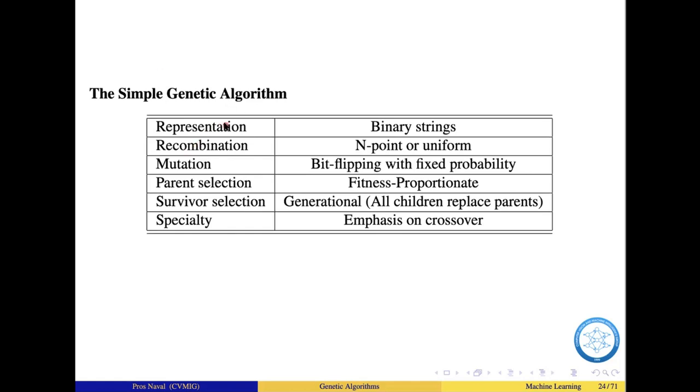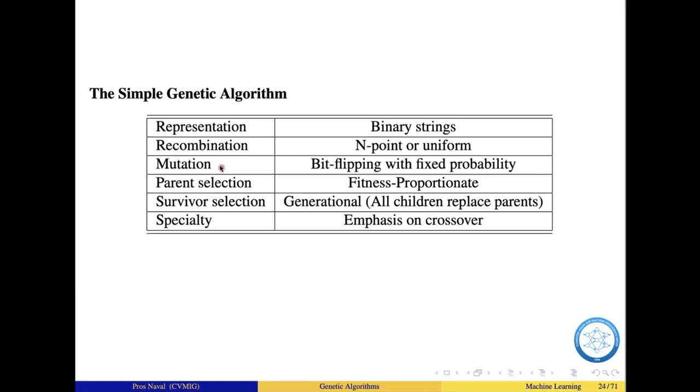The most basic one will represent your problem as a string of binary numbers. Okay, so it's a binary string. Then your GA or SGA will have an n-point or uniform recombination, and we shall see what this is.